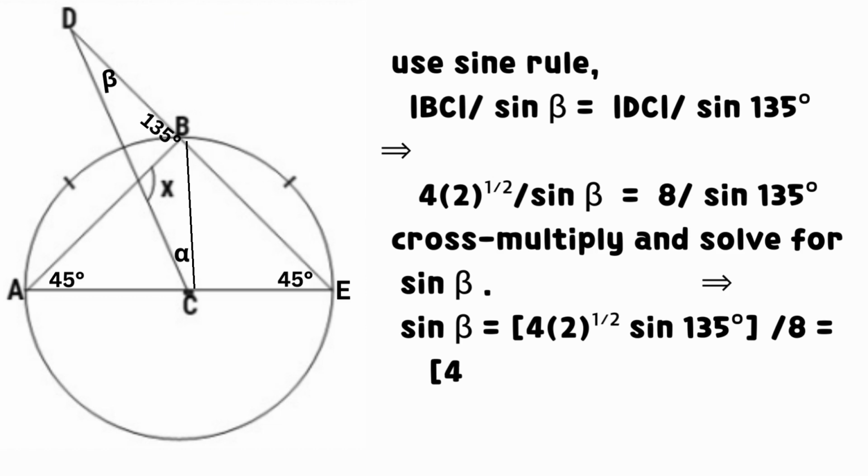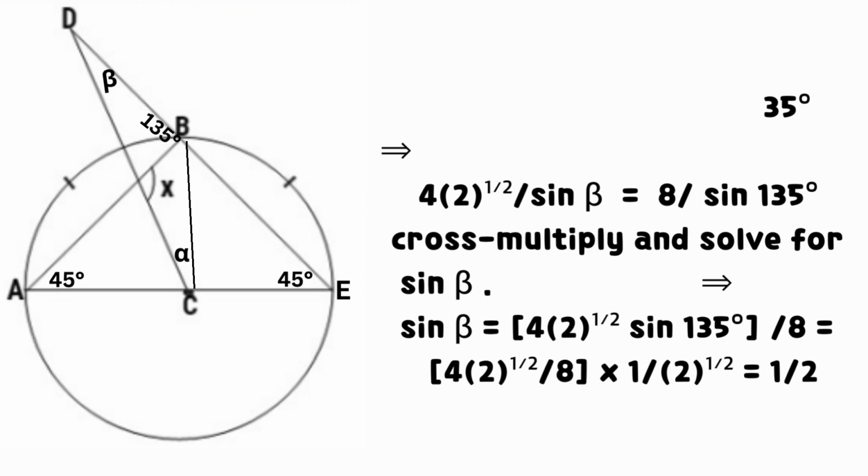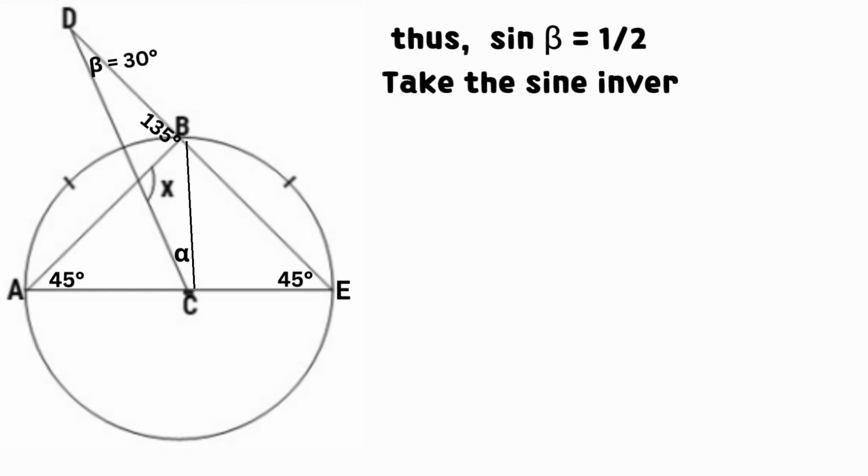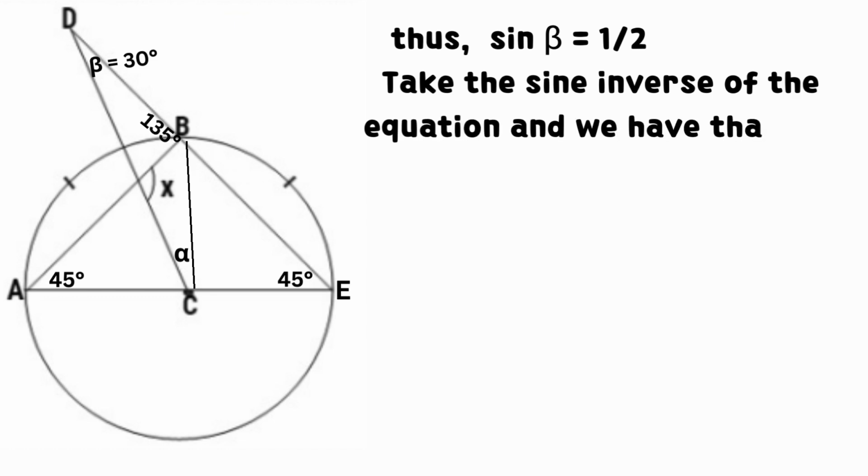Cross multiply and solve for sine beta. We have that sine beta equals half after simplification. Take the sine inverse of the equation, and we have that beta equals 30 degrees.